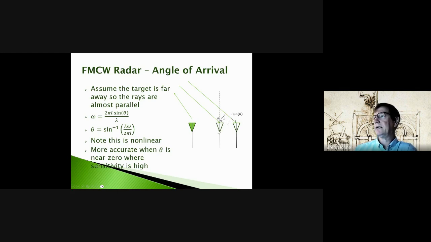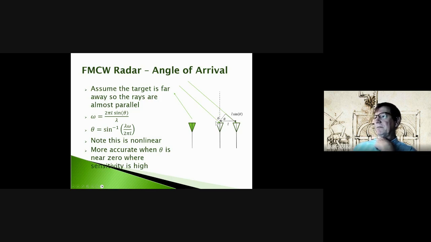That theta is related to the angle that the object or these signals or waves are coming at relative to this normal. It's really the normal to the line connecting these antennas, right? So this dot-dashed line is normal to this line that connects these antennas, and so this theta is relative to that angle there.